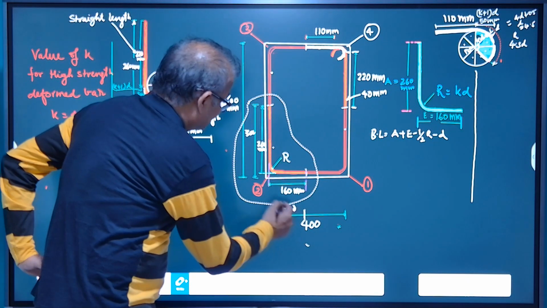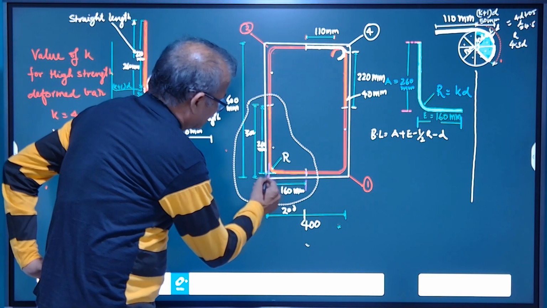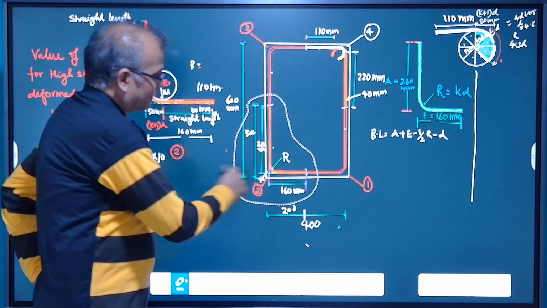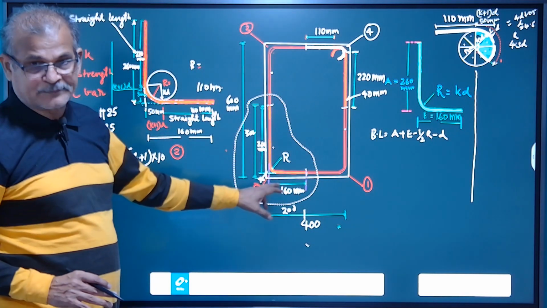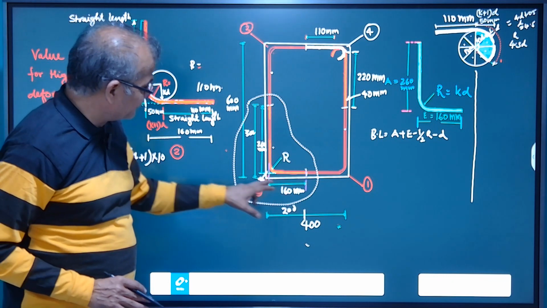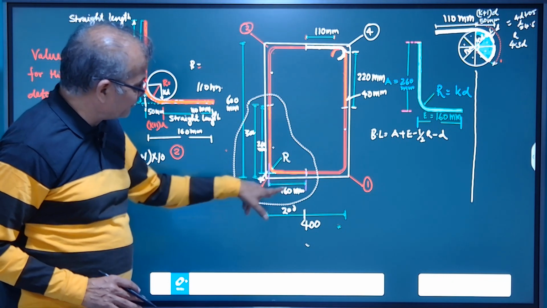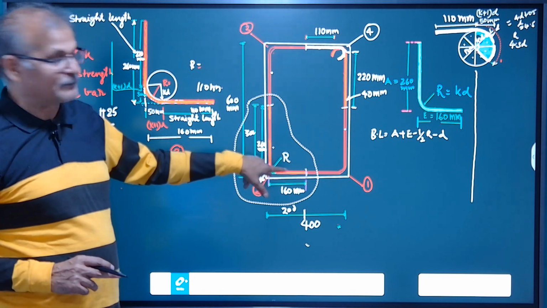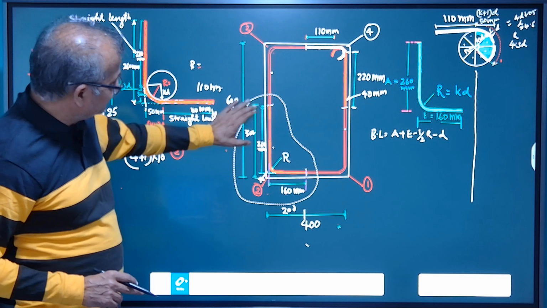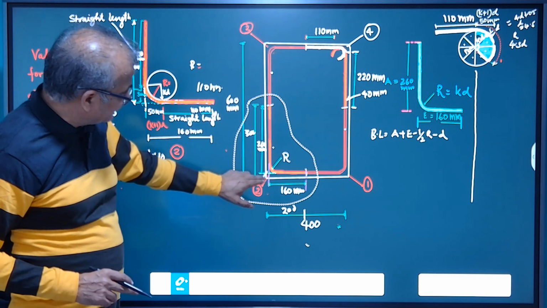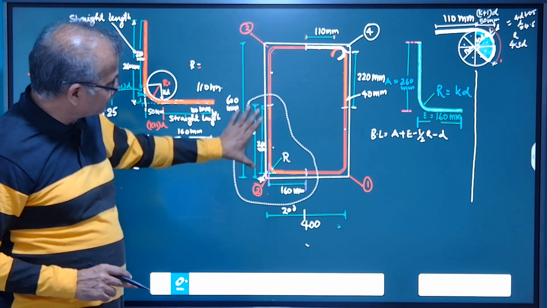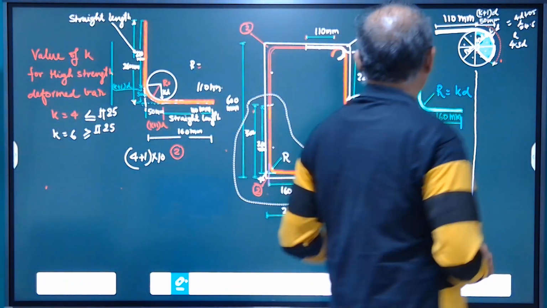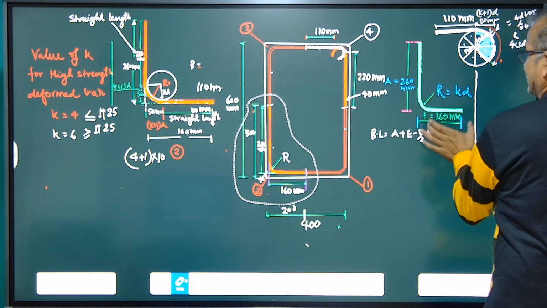If this is 200 mm and we subtract the cover of 40 mm, the horizontal length of this bend will be 160 mm, and the other will be 300 mm less the 40 mm cover, so 260 mm. So the bend will be of the size 260 by 160 mm.